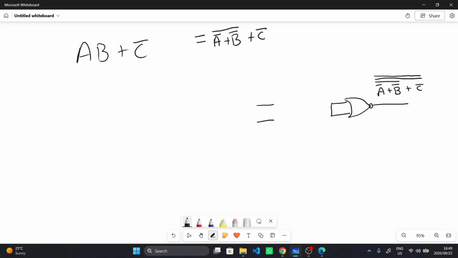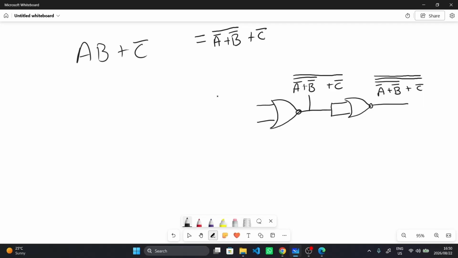You have your two inputs, not so. Here you will have like A not B plus C, not in that whole line on top of everything. But as you can see, NOR gate does make a lot of things more complicated.